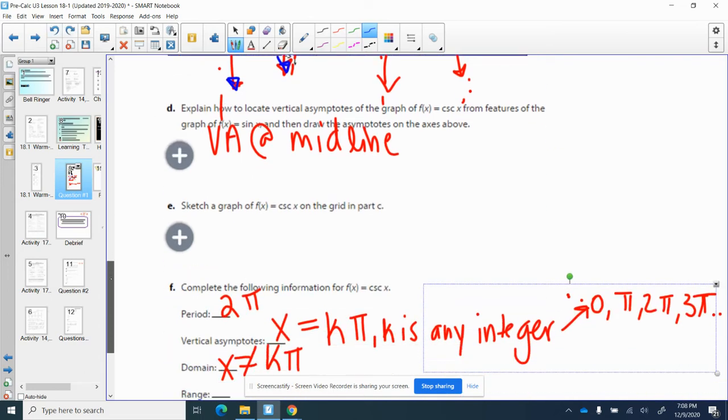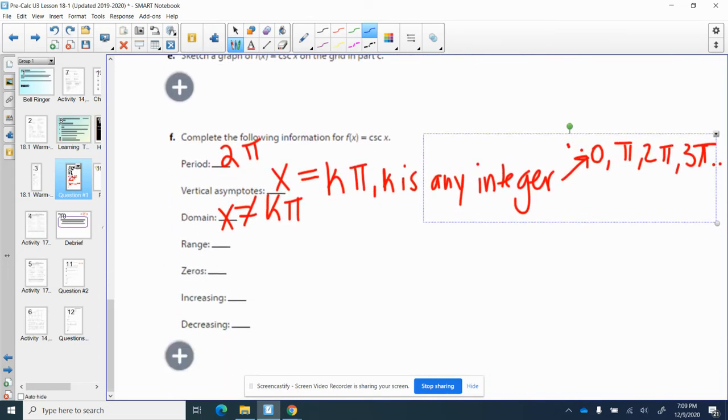So what that means is that the range here is from negative infinity to negative 1, include that, or positive 1 to positive infinity. Anywhere between negative 1 and 1 isn't going to work.